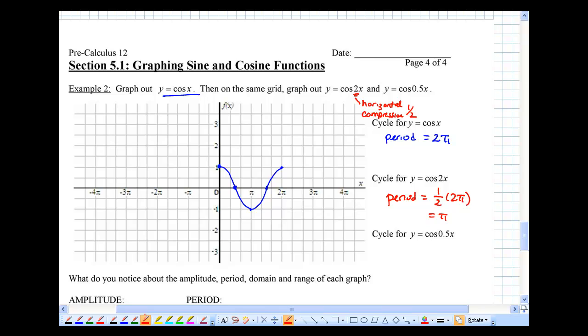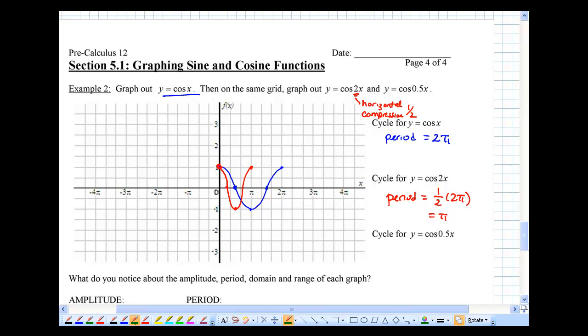Still starts at 1, but now instead of ending at 2 pi, it ends at pi. Instead of being negative 1 down here at pi, it's now down over here. It's half. So notice I'm shrinking everything, cutting everything in half. There's one cycle of y equals cosine 2x.